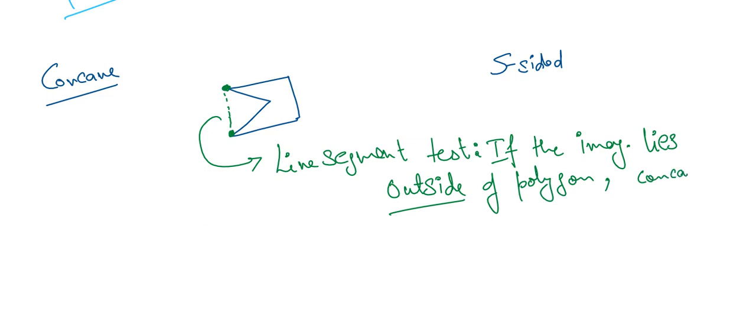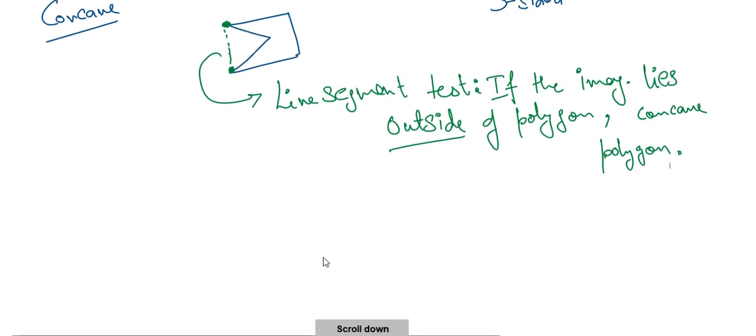Seems clear? Concave polygon. Let me illustrate using various examples. Shall we move ahead? See, if I draw this line segment, the interior of my polygon includes only this region. I would call it the interior of my polygon if any point or line segment lies in my pink shaded region.